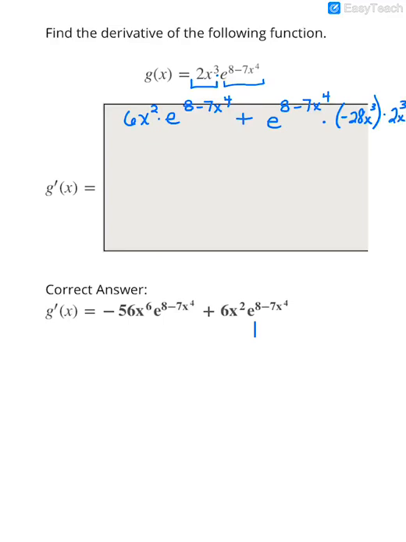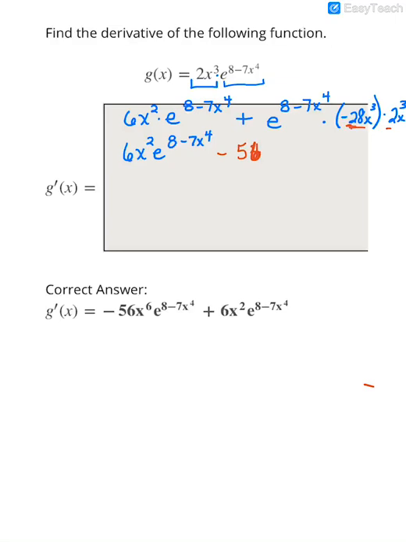So now let me come back and we'll clean this up. There's nothing on this first term that I can really simplify, so I'm just going to leave it like that. But on the second term, notice that if we take the negative 28 times the 2, negative 28 times 2 would be negative 56.